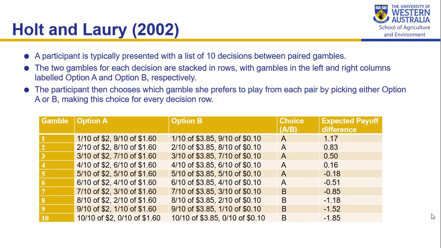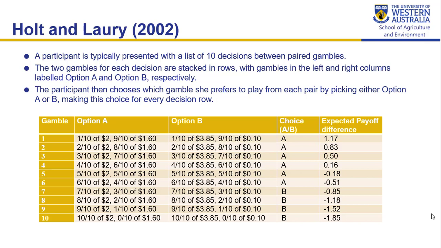As we progress through different gambles, what we can see is that payments are the same, but the probabilities of getting payments are changing. So for example, in gamble 2, there is 20% chance of getting $2 and 80% chance of getting $1.60 under option A. Whereas under option B, there's 20% chance of getting $3.85 and 80% chance of getting $0.1.